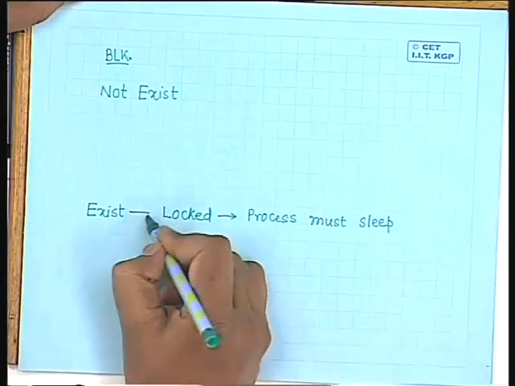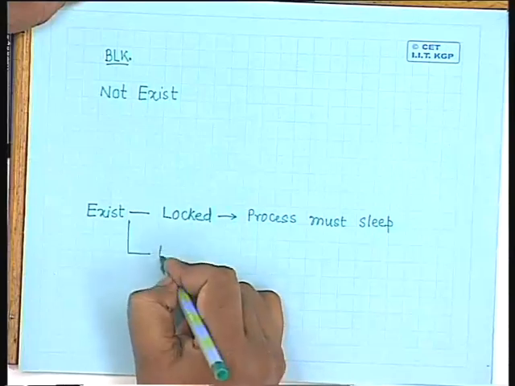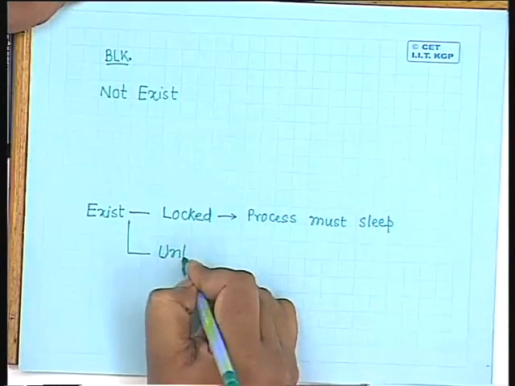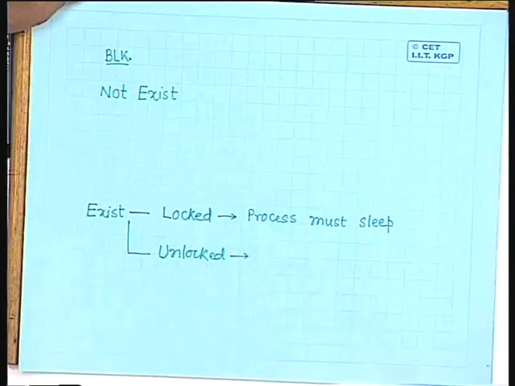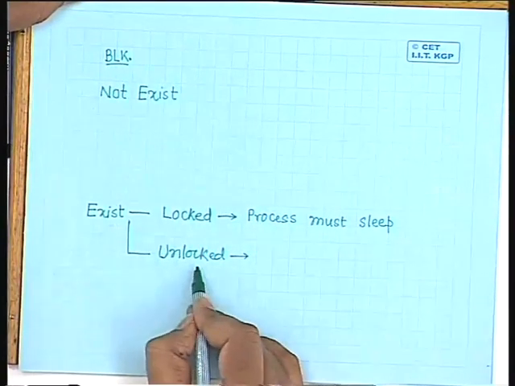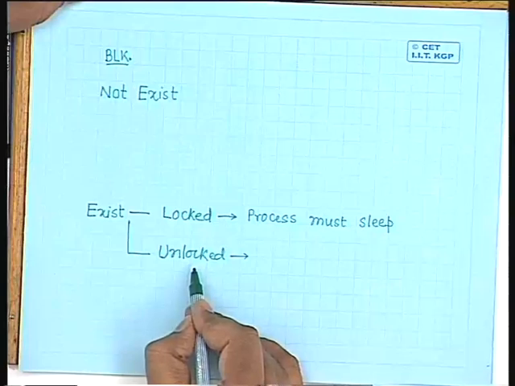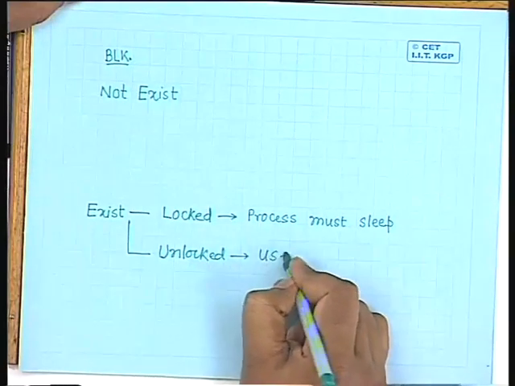The second situation is that the buffer exists and it is unlocked, and that is the situation we expect. If the block exists in the buffer and the buffer is unlocked, or free, then the process can use this buffer.